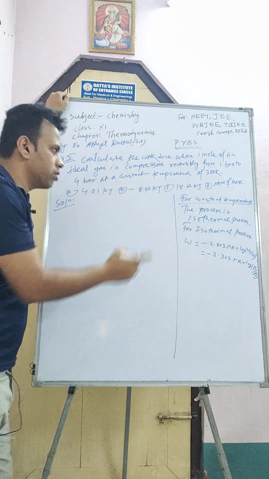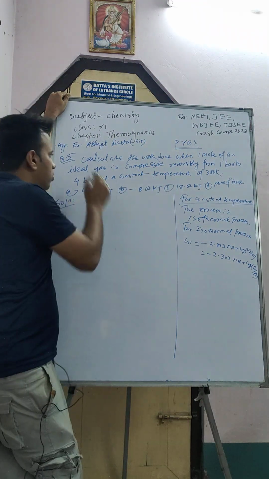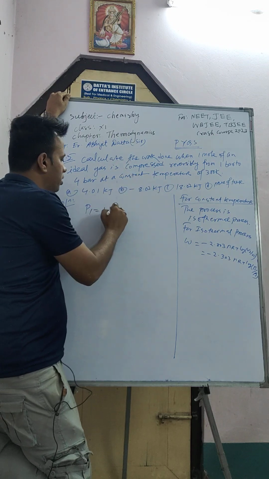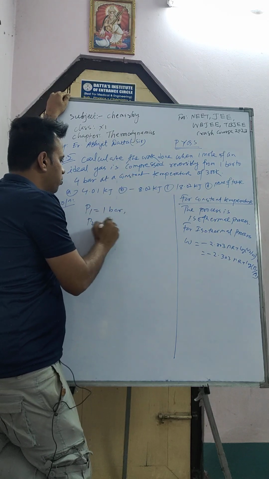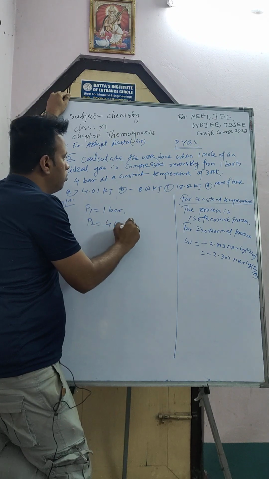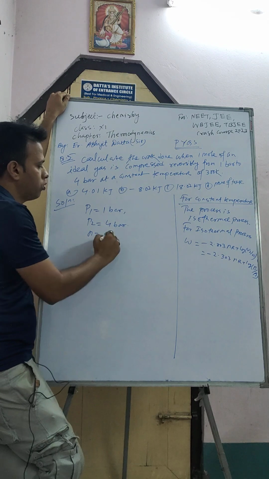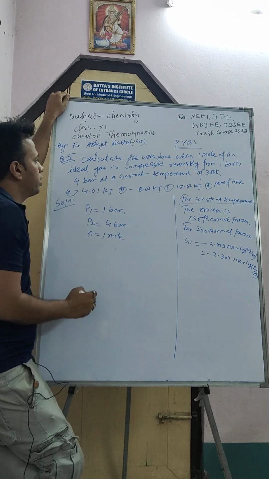Okay, this is the formula for the isothermal process. I already explained it in the previous questions. Now here, what is given? P1 is what, sir? 1 bar. Pressure P2 is 4 bar. Number of moles is 1 mole, 1 mole of an ideal gas.